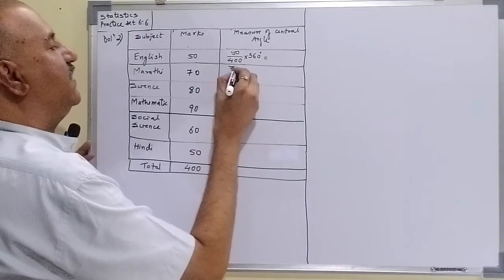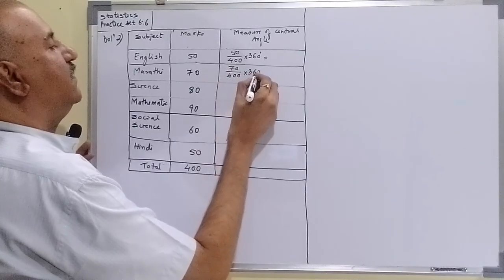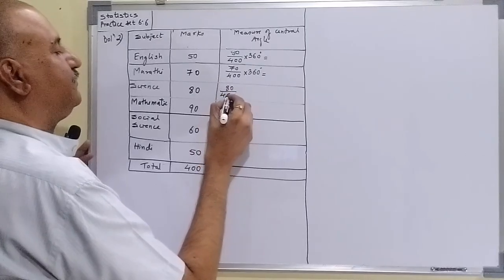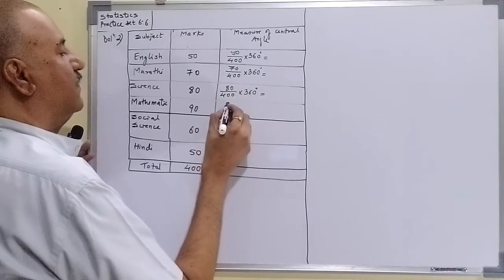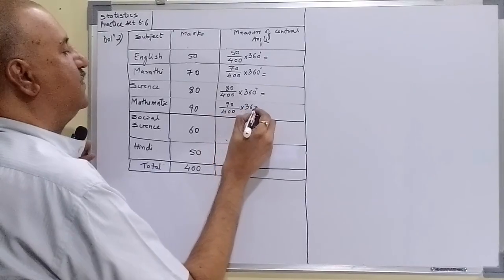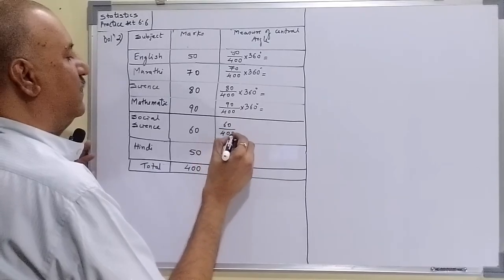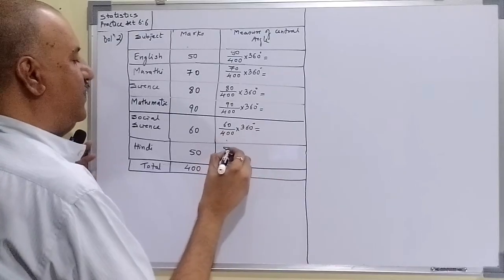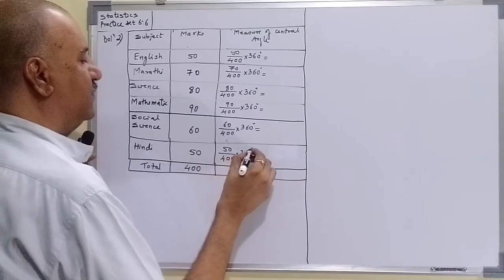Next it will be 70 upon 400 into 360 degrees, then 80 upon 400 into 360 degrees, 90 upon 400 into 360 degrees, 60 upon 400 into 360 degrees, and 50 upon 400 into 360 degrees.